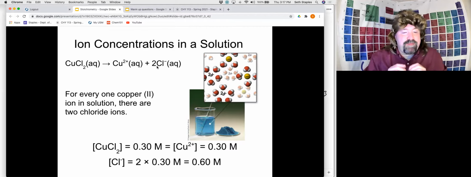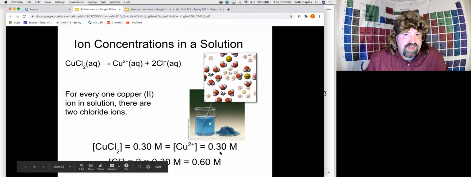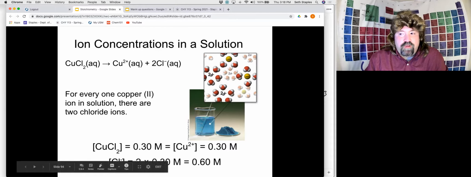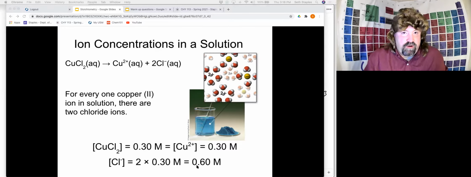What that means for the molarity is, if I have a 0.30 molar copper(II) chloride solution, my concentration of copper is going to be the same, because for every one of these, I produce 1 copper ion. But for every 1 copper(II) chloride, I get 2 chloride ions, so my concentration of chloride ions is going to be 2 times the molarity, at 0.60. So we have to keep that in mind as well.